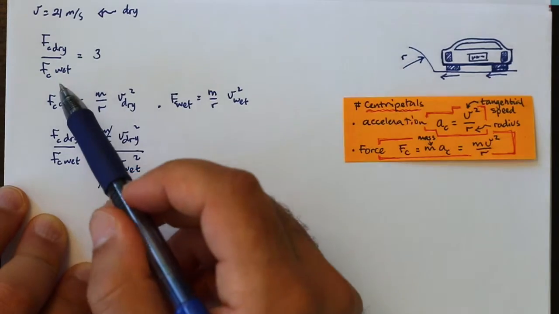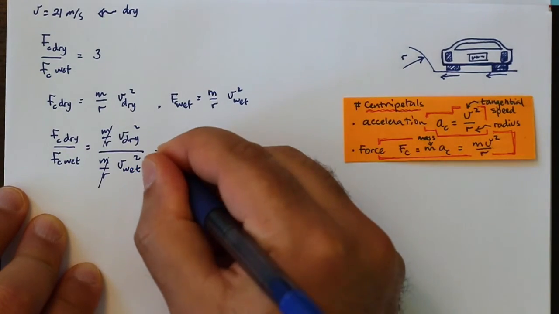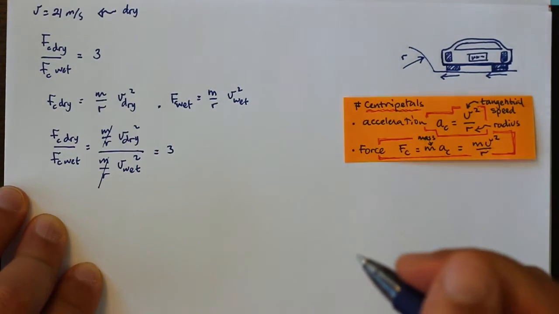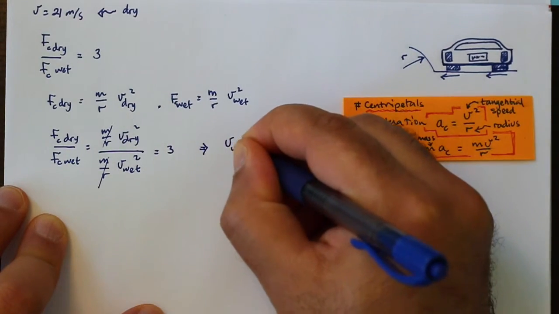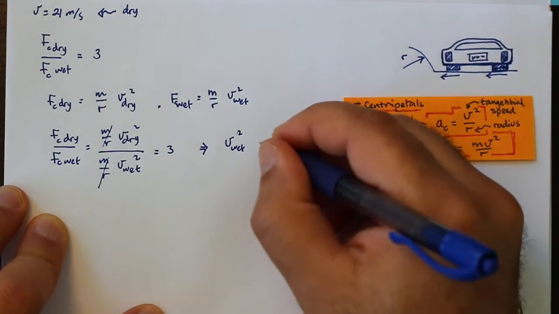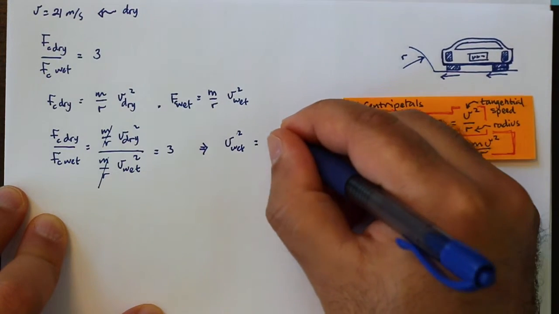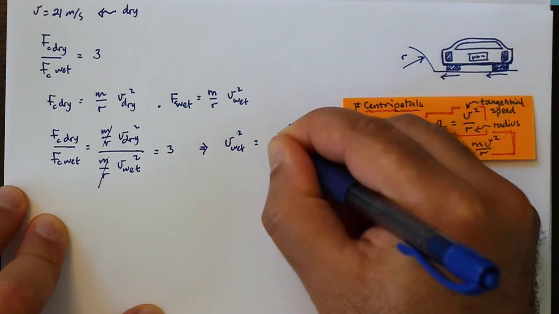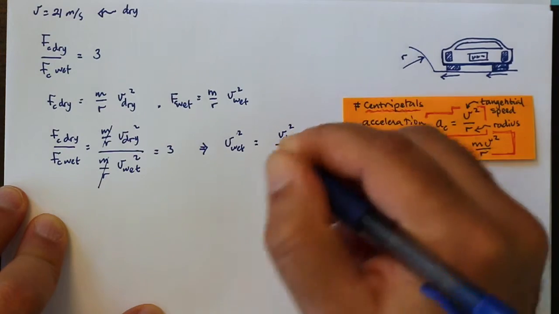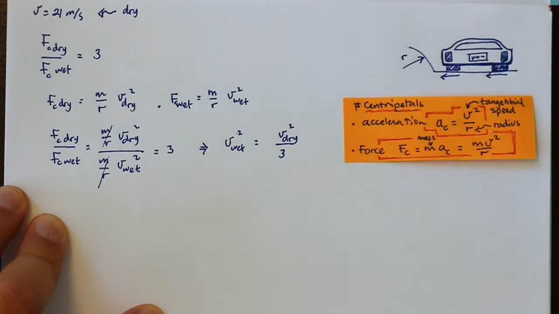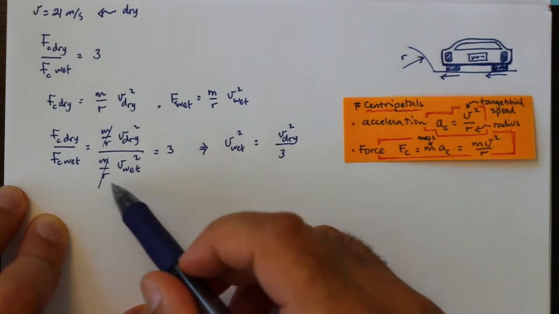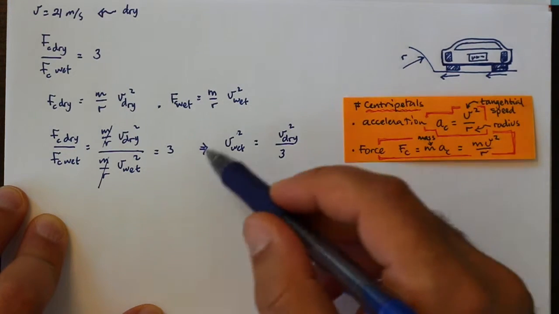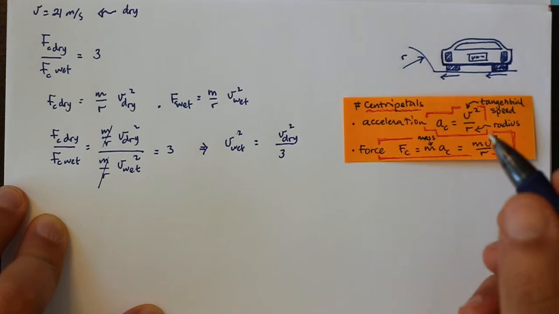But I know that FC dry over FC wet is equal to 3. So therefore, I know that V wet squared is going to be equal to V dry squared over 3, right? Divide both sides by 3 and multiply both sides by V wet squared. You will get this relationship.